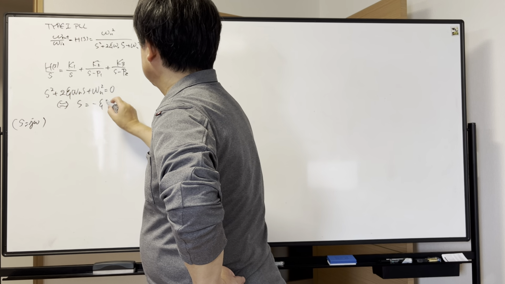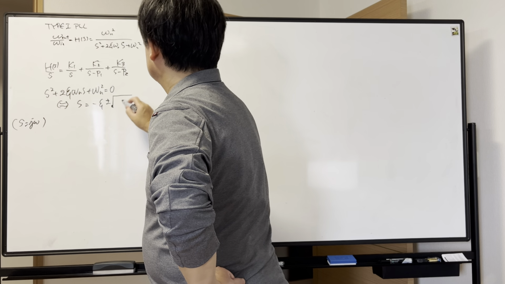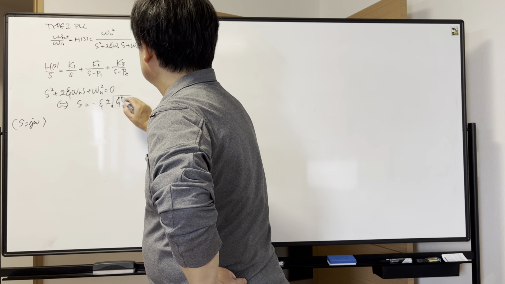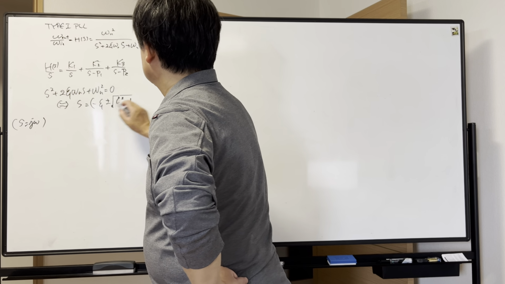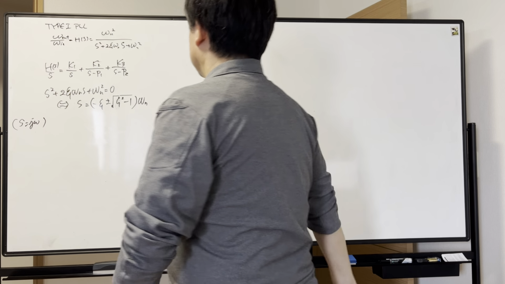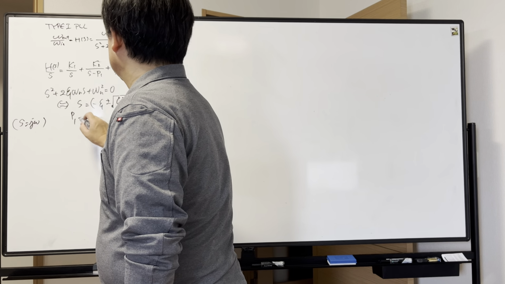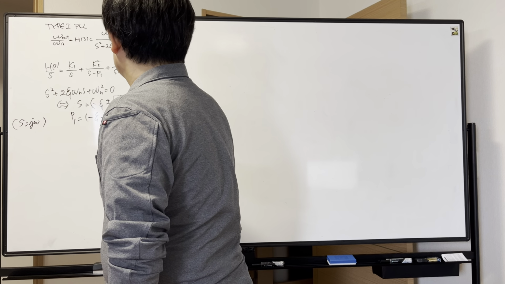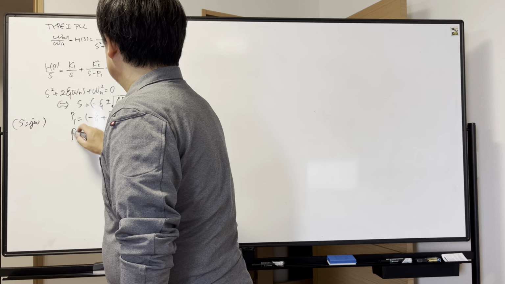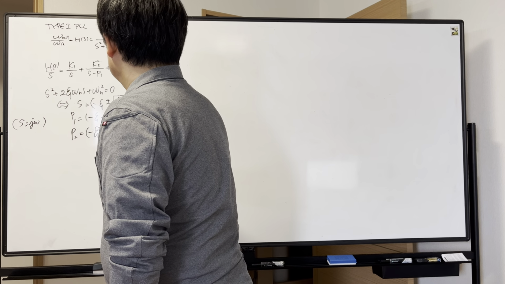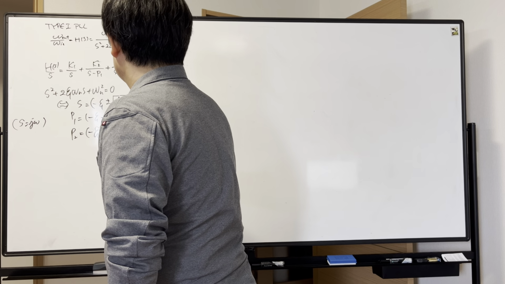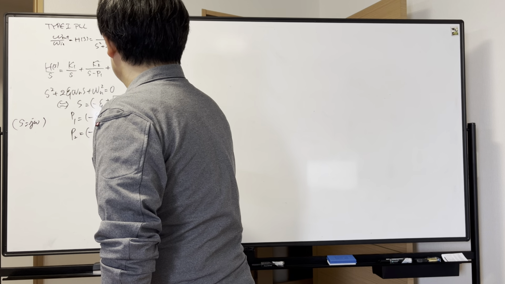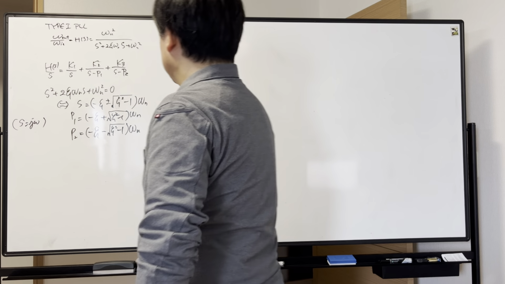p1 equals minus zeta plus square root of zeta squared minus 1 times omega n, and p2 equals minus zeta minus square root of zeta squared minus 1 times omega n.